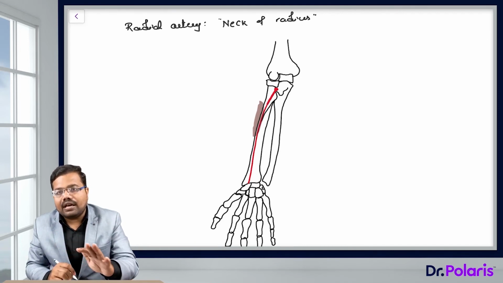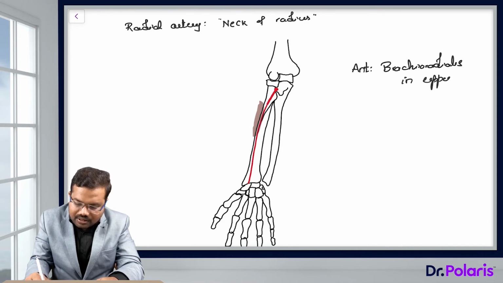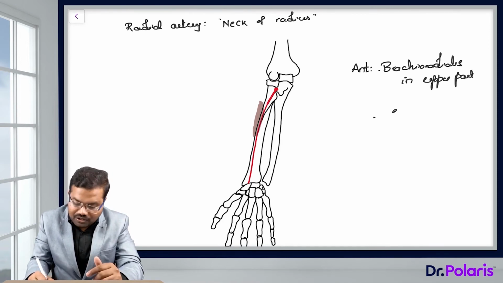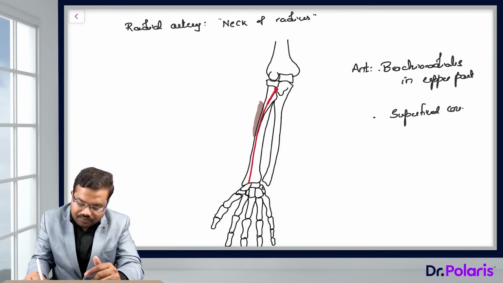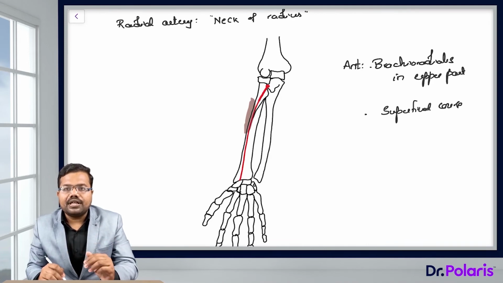In the remaining entire course, it has a superficial course only. So anteriorly we can say brachioradialis in the upper part, whereas in the entire remaining part it is a superficial course.